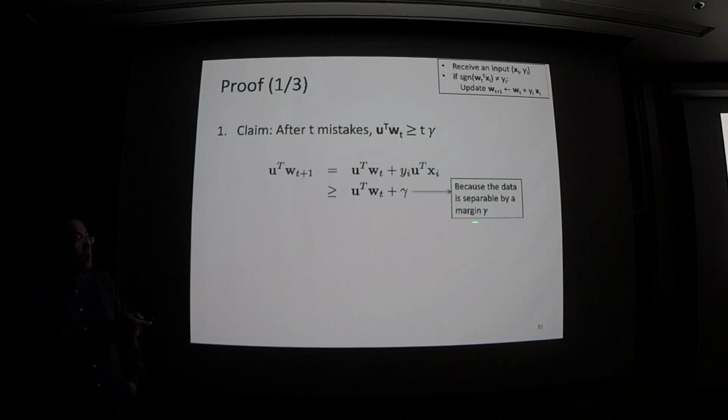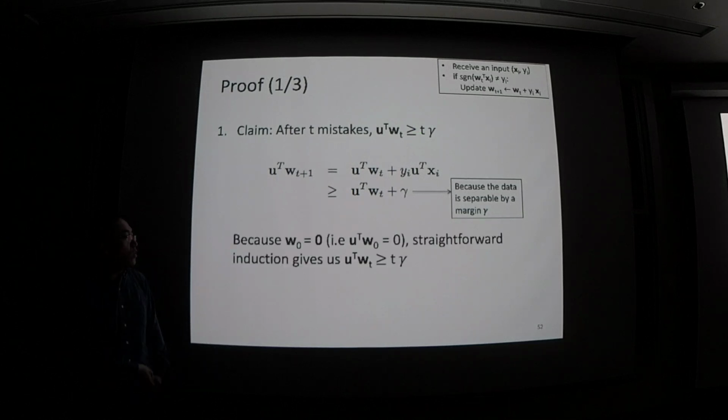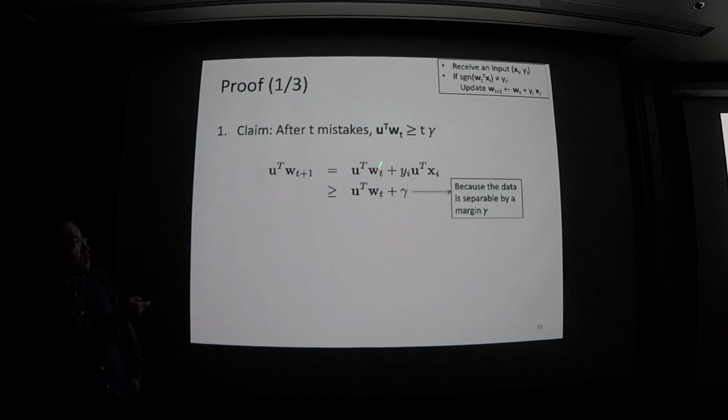Because the data is separable by the margin gamma, we immediately get that the extra term is no less than gamma. And then based upon our assumption that at step t the inequality holds, we can immediately get u transpose wt is no less than t gamma, plus gamma is t plus 1 gamma.